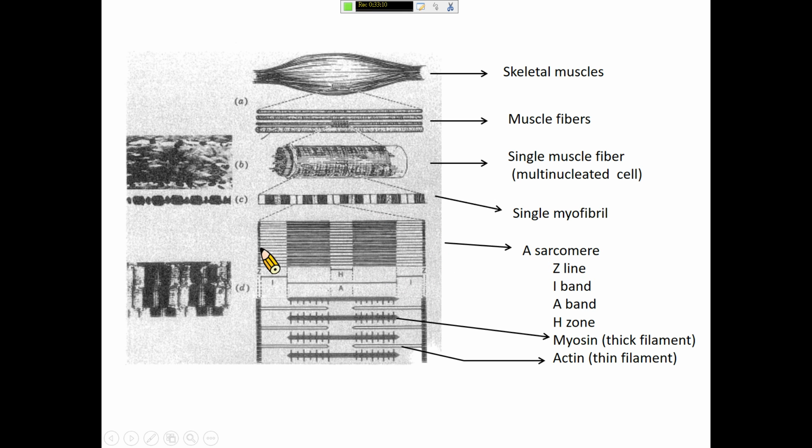And within this sarcomere, you'll see this gray area, which is called H zone. H zone. And then the darker area is actually called A band. A band. And then the lighter area is called I band.